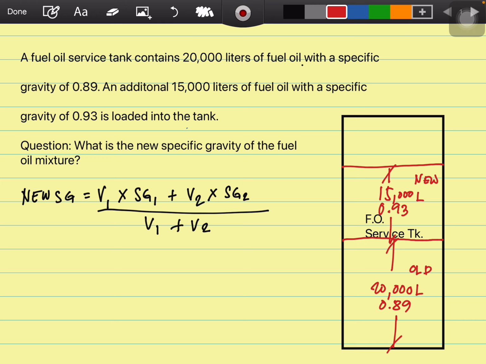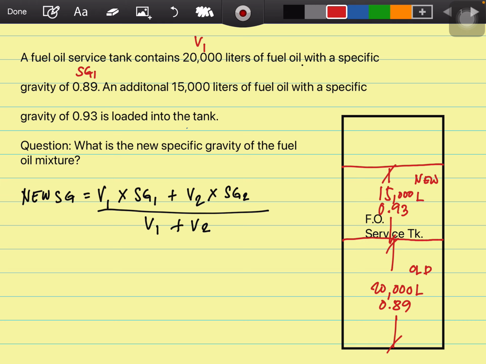When we read, there is an old existing 20,000 liters of fuel oil. That 20,000 liters is your V1, and it has a specific gravity of 0.89. That will be your SG1.